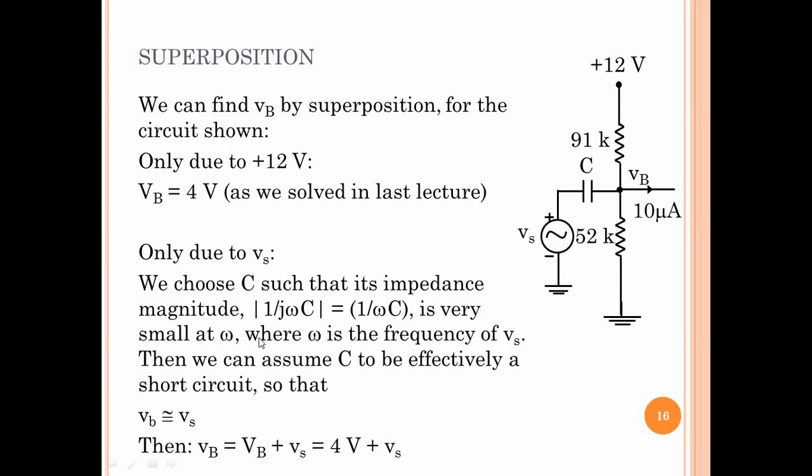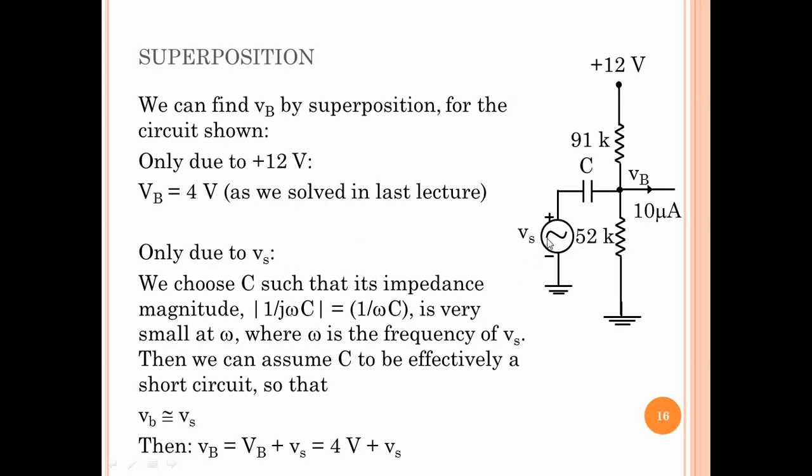What is omega? Omega is the frequency of Vs. We are assuming that Vs is a sinusoid. It has some frequency omega which will be determined by the signal that we are looking at: audio, temperature, whatever, body signal.